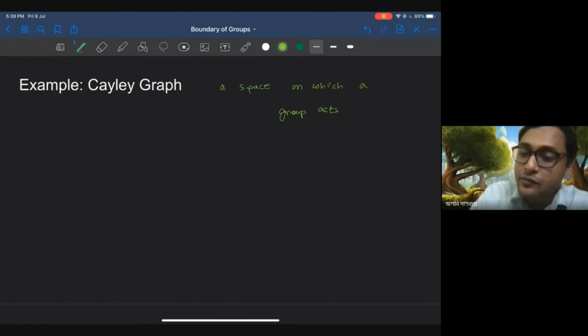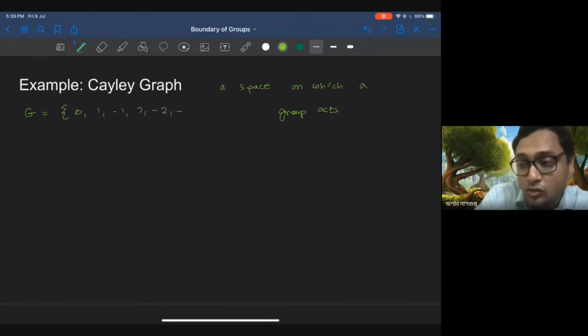So given a group G, let's say 0, plus 1, minus 1, plus 2, minus 2, and so on, and given a generating set of the group, let's say I gave the generating set 1.